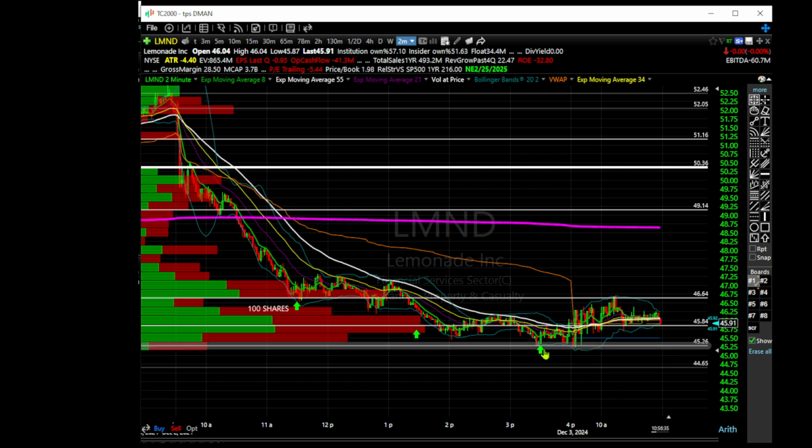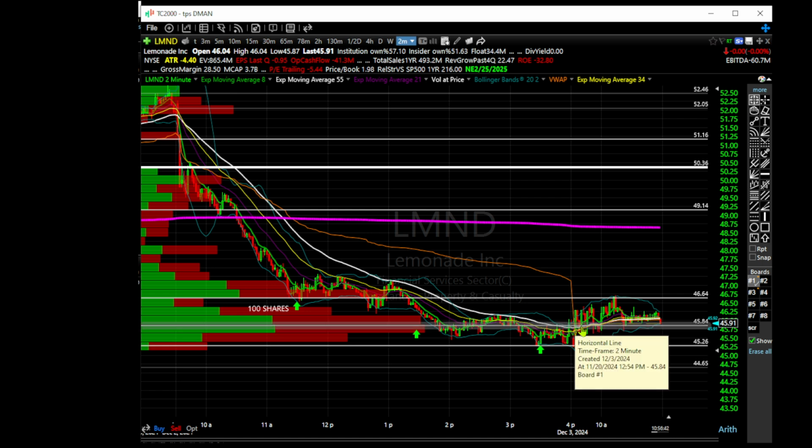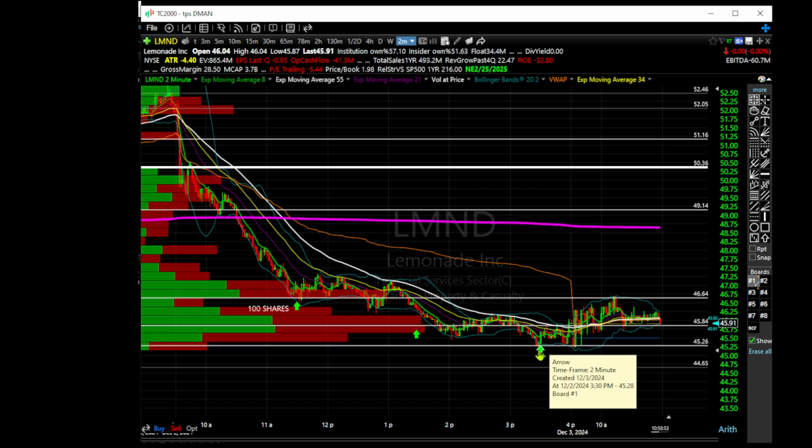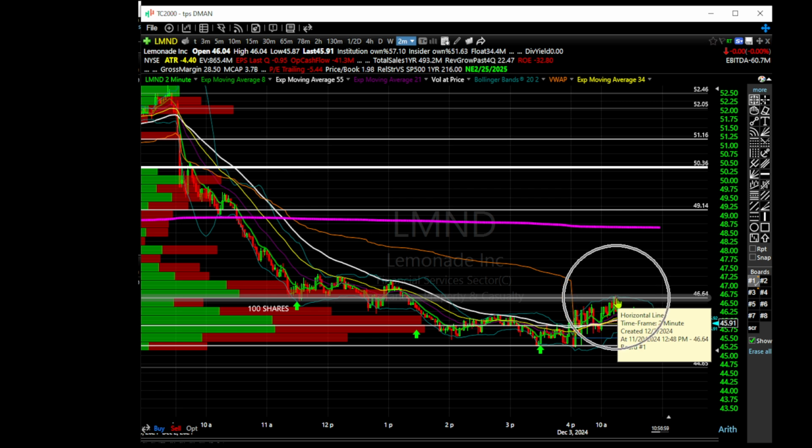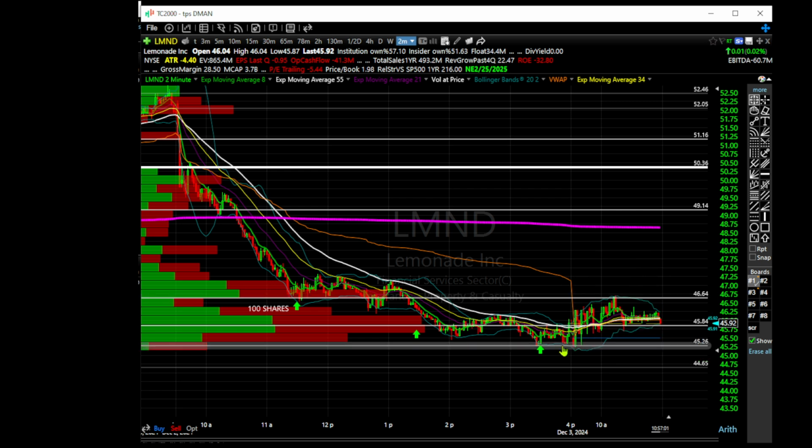So how much would I sell at point of control here? So 45.84 would be my sell. I would sell 50 of this last one, right? And then I'd sell the other 50 up here at 46.64.